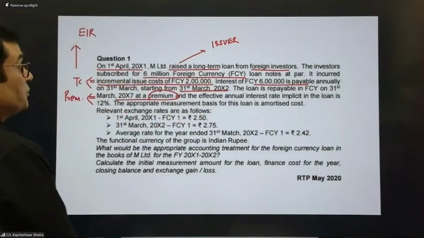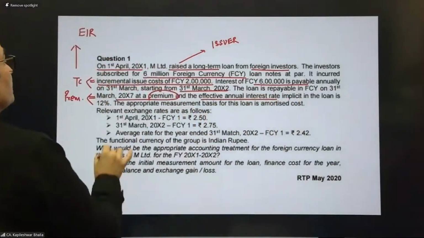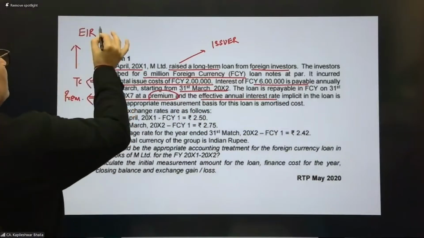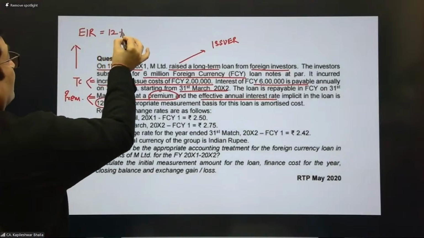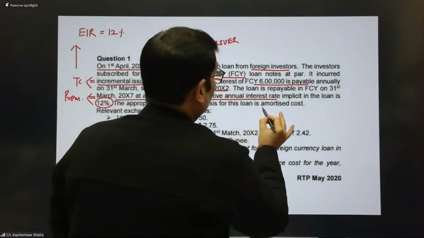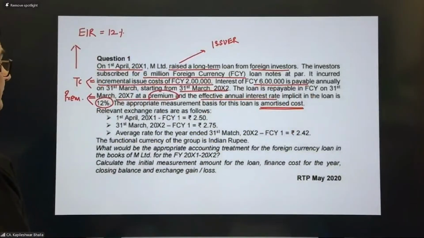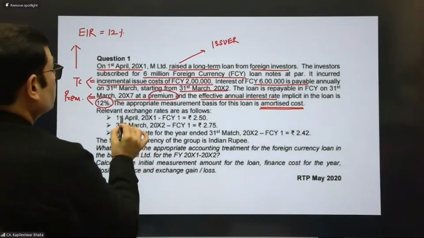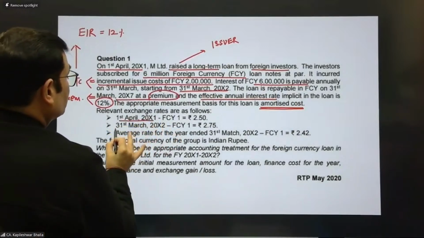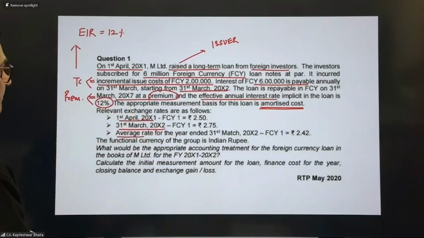And in the question, we are already given the effective annual interest rate is supposed to be 12%. So the EIR is already given to me at the rate of 12%. The appropriate measurement basis for the loan is amortized cost. So we're already given the measurement base as well. And then we are given the exchange rates at the beginning, exchange rates at the end, and the average rate of exchange for the year.